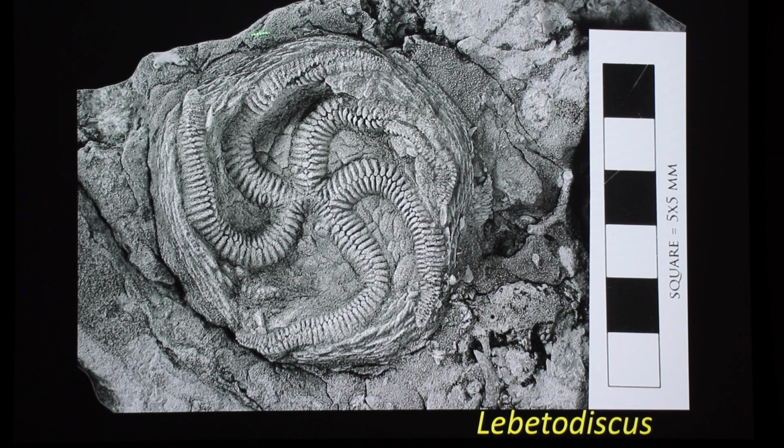Lepidodiscans are large discoidal Edrioasteroids, but here they have very, very tall floor plates that have these passageways between them, which is unlike all other Isorophid Edrioasteroids.